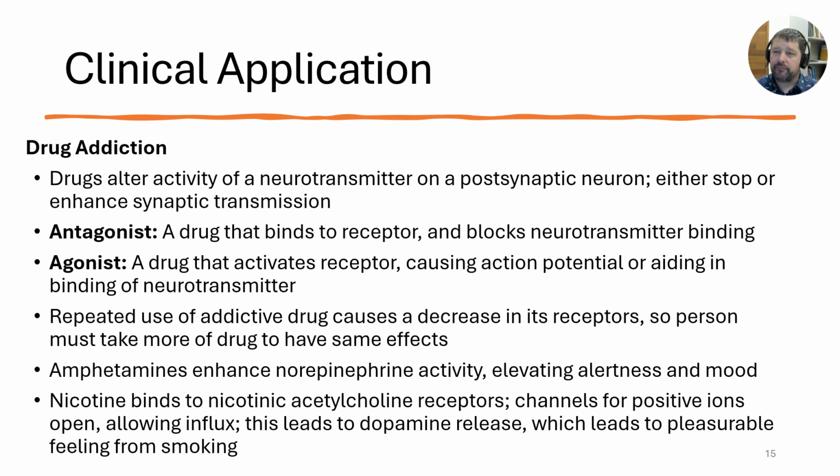Okay, same deal. So it's binding to the receptors, which allows for dopamine to be released. In both cases, though, overexcitation of those receptors can be damaged, and over time, it takes more of these to elevate the mood, to cause that pleasurable feeling in smoking, etc. Okay, and we'll look at some more examples as we progress.